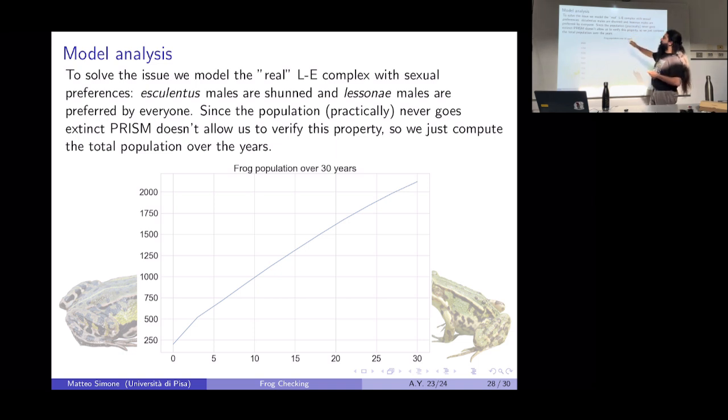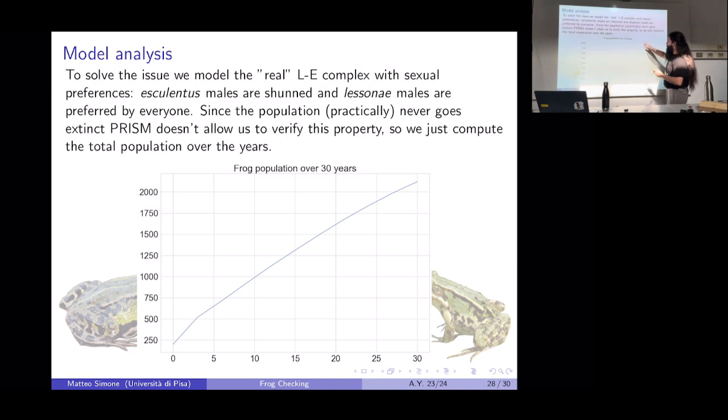Since the population doesn't go extinct, we cannot use a property like the previous one. We have to do some other stuff to ask nicely to Prism to compute us some numbers. So we actually had to take a reward consisting of all the frogs being born and a reward consisting of all the frogs dying, and we have to compute those two separately and then just take the difference, and this is the result.